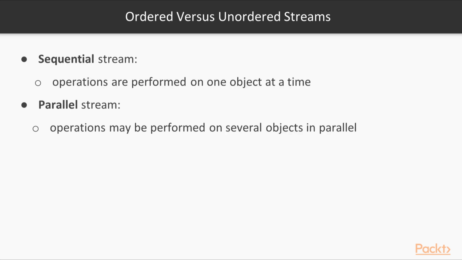Next, if you have a sequential stream, the operations are going to be performed on one object at a time. Conversely, with a parallel stream, operations may be performed on several objects in parallel. And as we will see, this is really one of the strongest points of streams.